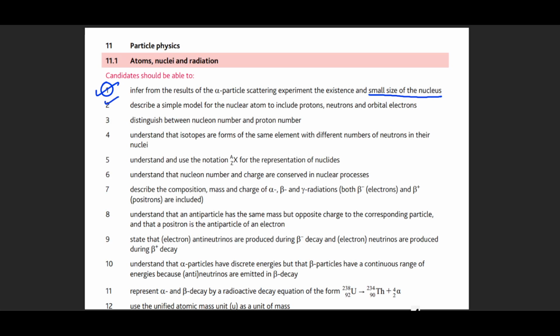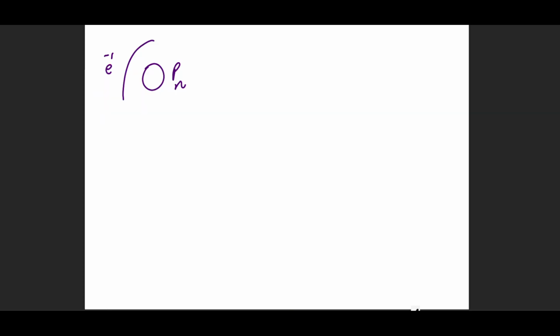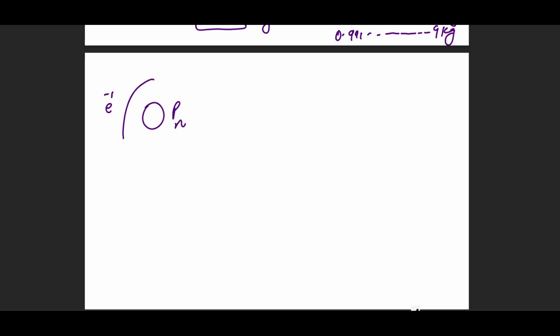Point number 3 is to distinguish between nucleon number and proton number. When we write down the name of an element, for example sodium, sodium is 23 and 11, for the sake of example. The top number is the nucleon number, because it contains the number of protons and neutrons collectively. And the bottom number represents the number of protons only, right?